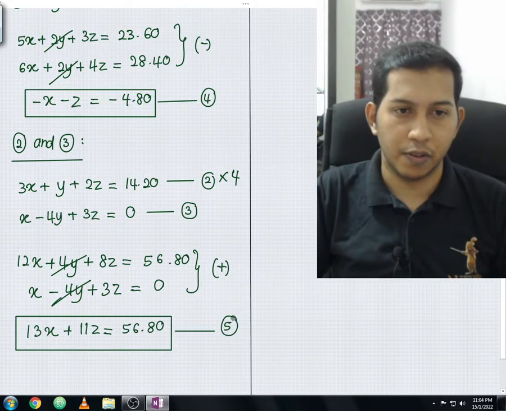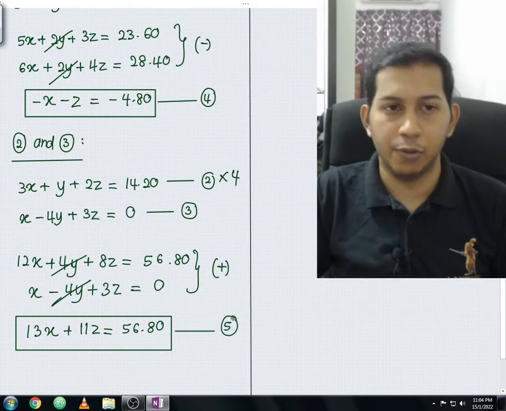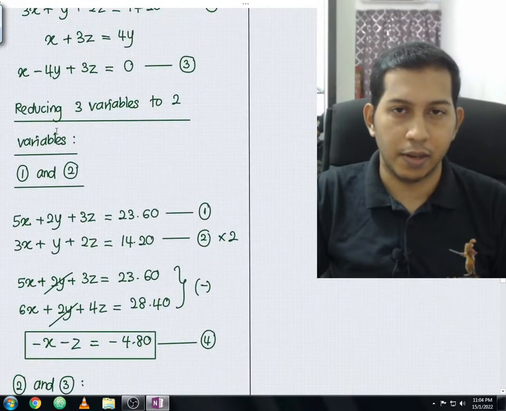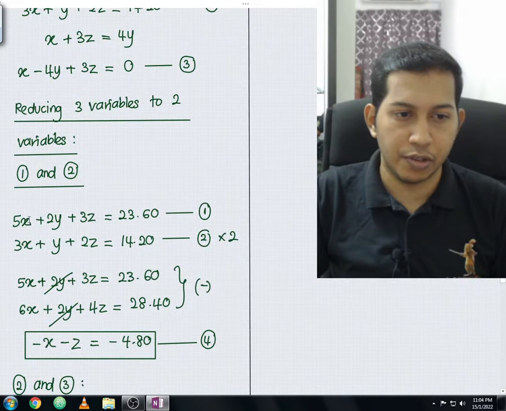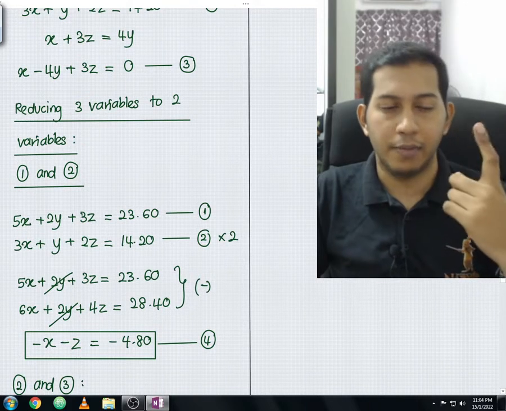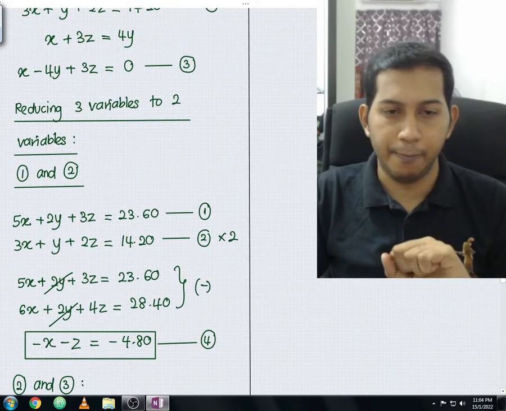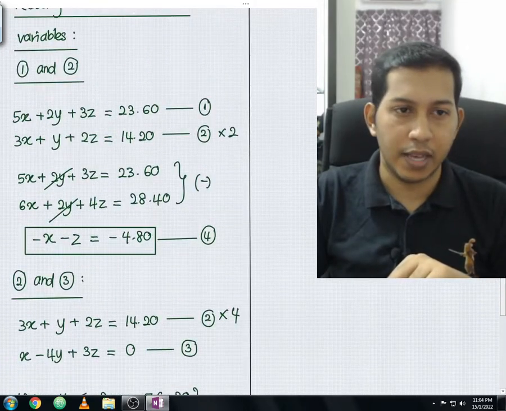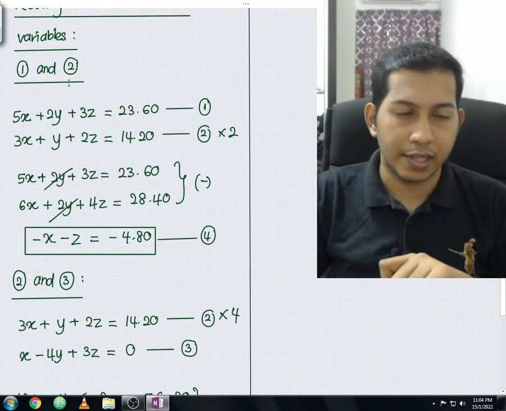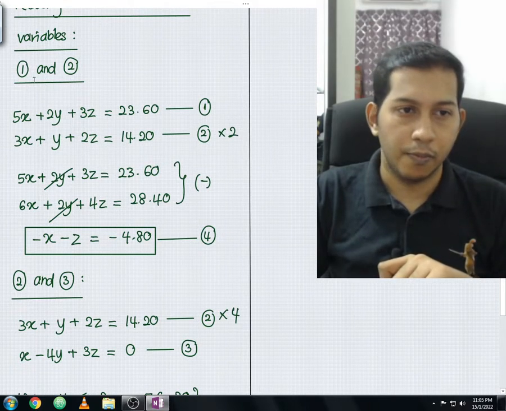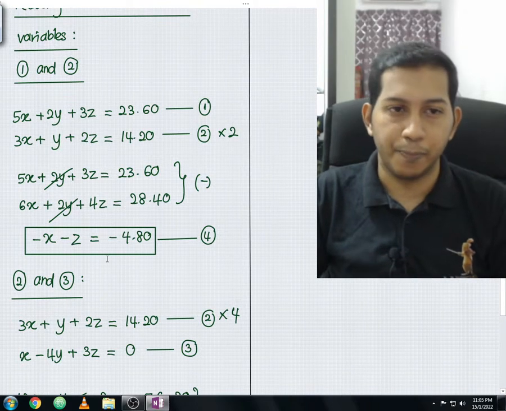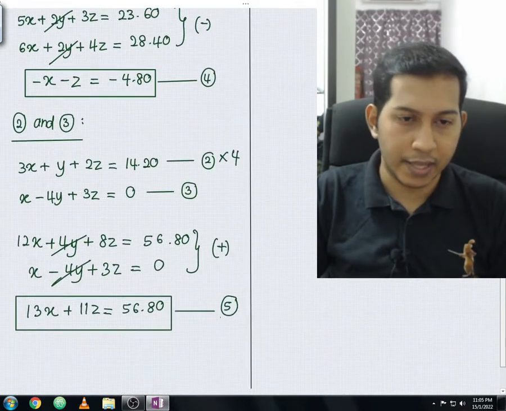Okay, so we are done with step 2. Our step 2 is reducing from 3 variables to 2 variables. In this case, you need to choose one variable to be eliminated. We chose to eliminate the y variable and we undergo the reduction by 2 operations, which are equations 1 and 2, followed by equations 2 and 3. So we're done with that.